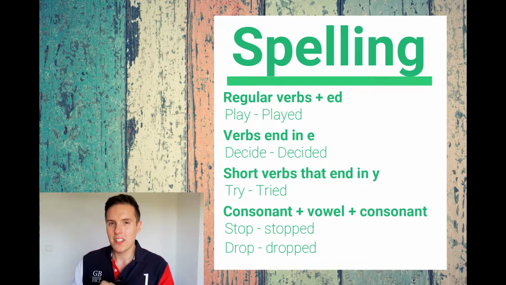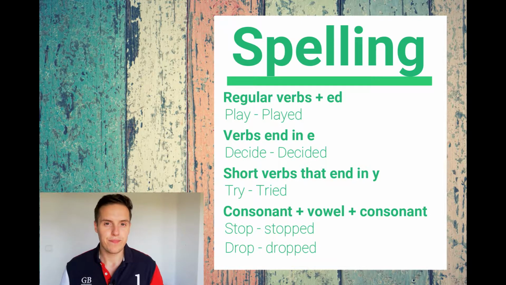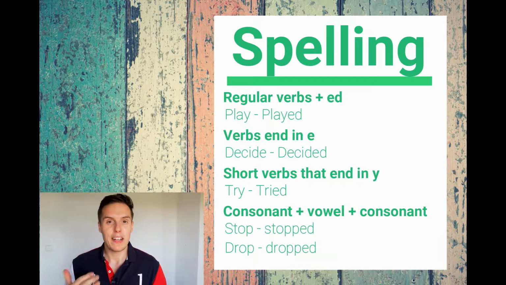And the last three letters of that word, we've got T, consonant, O is a vowel, and P, consonant. So we double the last consonant, which is a P. So stopped would have two P's. So let's have a look at some examples here, and it'll be nice and easy for you to understand.